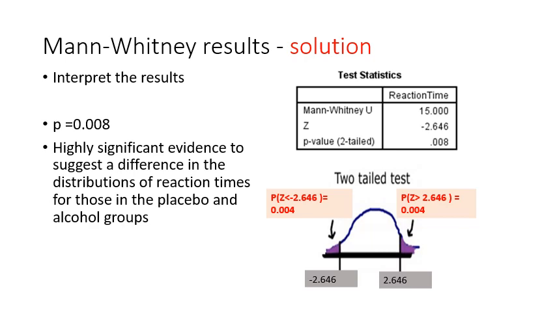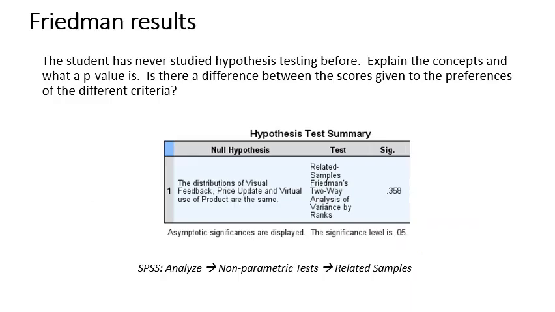That means there is highly significant evidence to suggest that there is a difference in the distributions of reaction times for those in the placebo group and those in the alcohol group. And that is going to be the result.